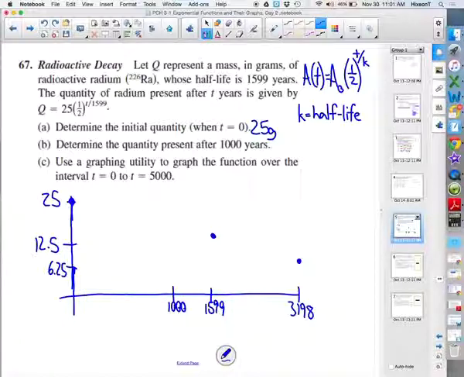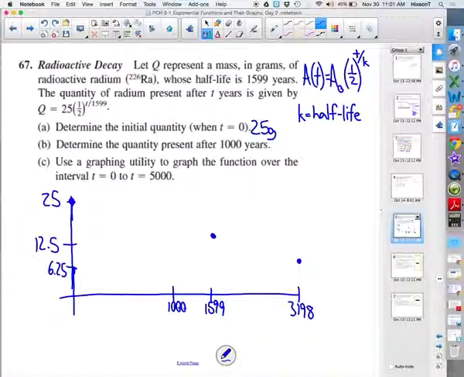And the reason why I'm pointing this out here, guys, is it's really easy to punch this into your calculator wrong. When you do the t divided by 1599, it's easy to accidentally put just the t in the exponent and then divide the whole thing by 1599. So be careful and think when you get that answer from your calculator, does this make sense?